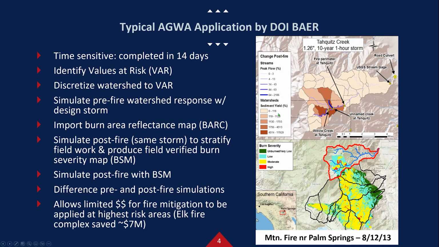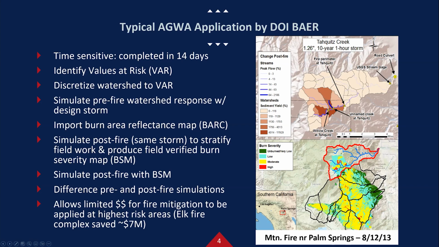And then with the overland flow elements, the darker the brown area, the greater the percent change in sediment that's shown here. So the design storm that was used was a 10-year, 1-hour event, which dropped 1.26 inches of rain.